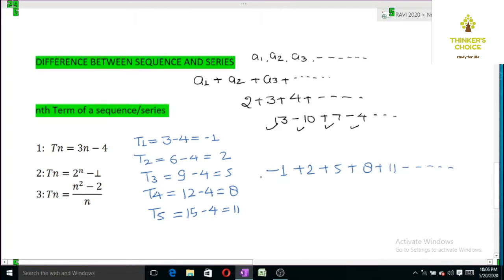This is the series whose nth term is defined by this expression.